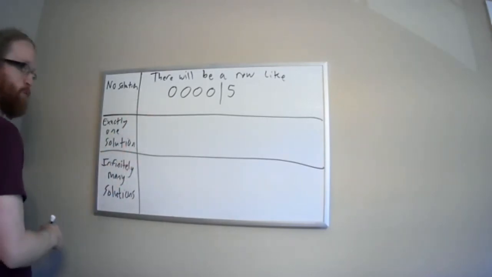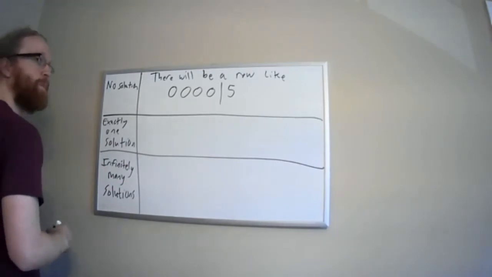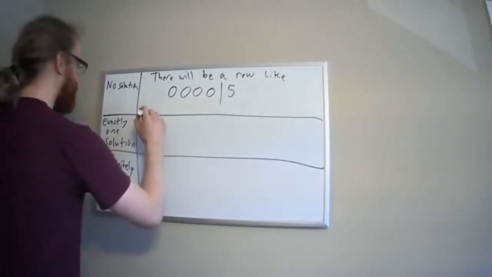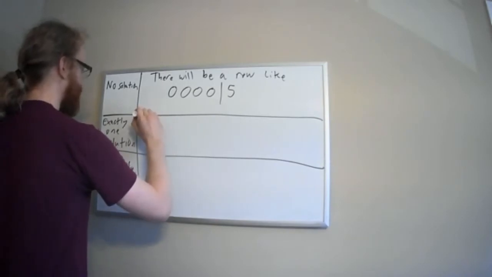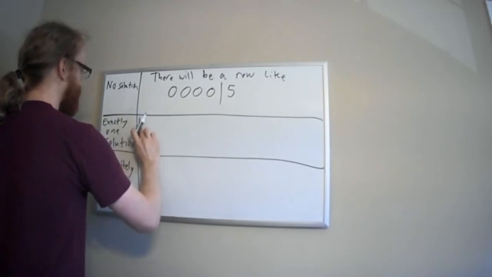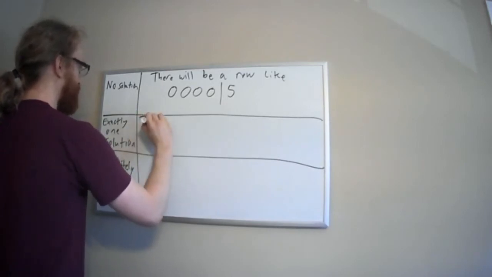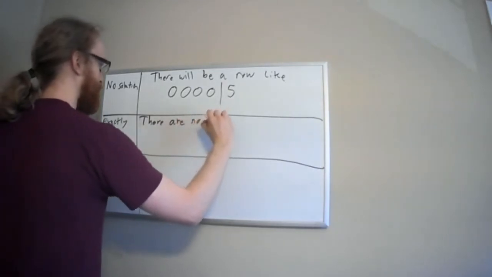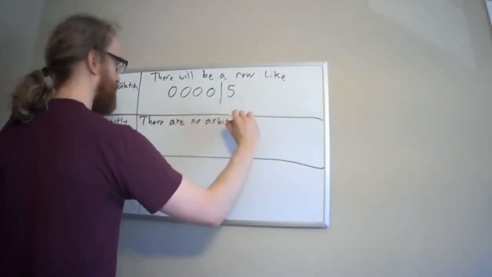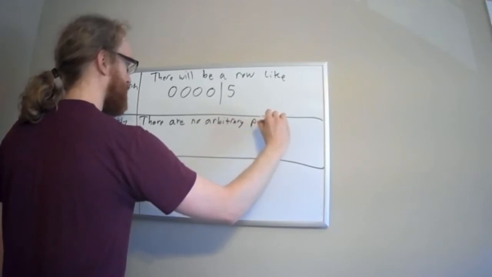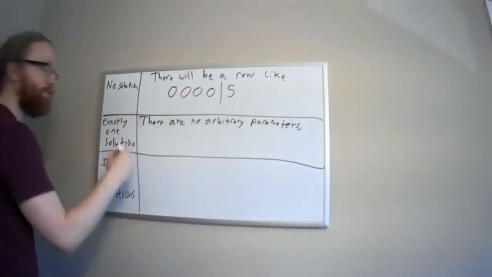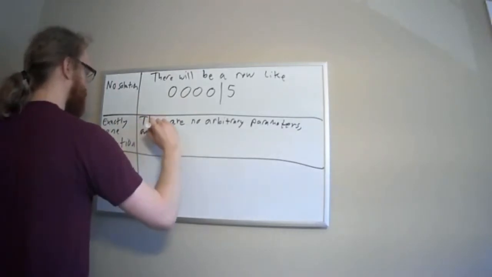How do I know there's exactly one solution? The matrix will look kind of like this. Or maybe I should put it this way. To be really specific, there will be no arbitrary parameters, and no contradictions like we have in the first case also.